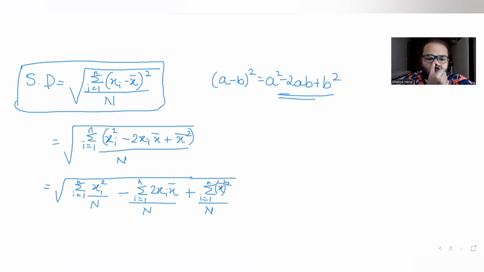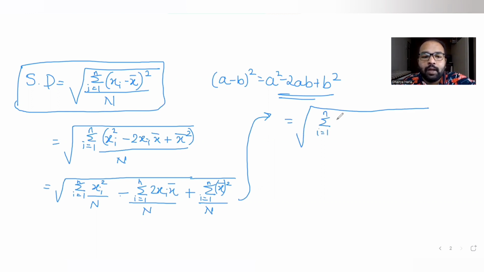Now, if I further want to solve this, write it here. It becomes summation i equals 1 to n xi square upon n minus, if you understand here, the mean is a constant thing, 2 is also a constant thing. The only thing that is changing as per this sum is xi, right? Because i varies from 1 to n.